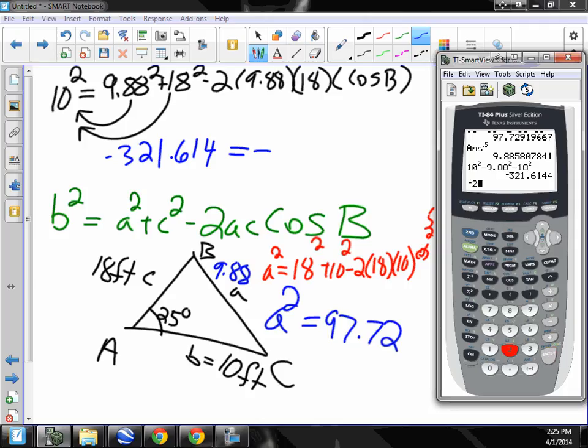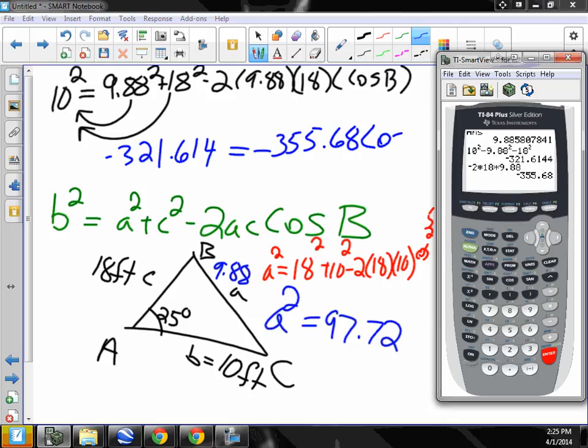So negative 2 times 18 times 9.88. Negative 355.68 cosine of B. Now what should I do? Divide. So negative 321.6144 divided by, oops, I missed a number.